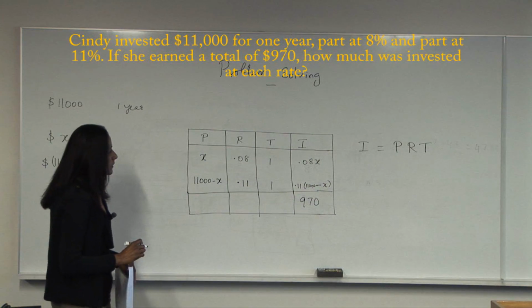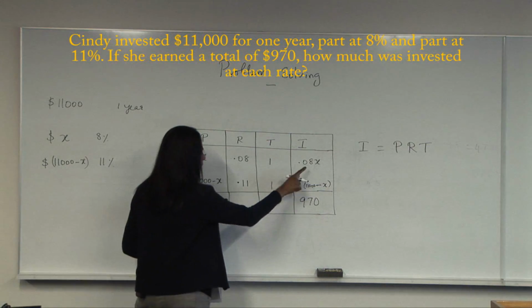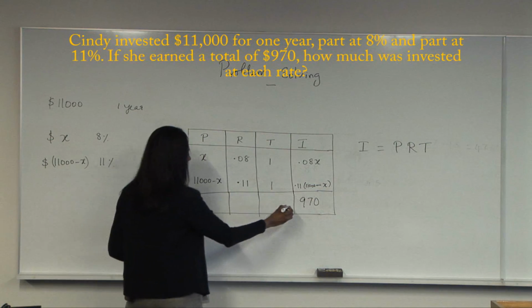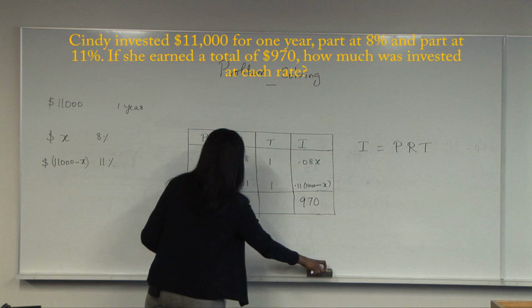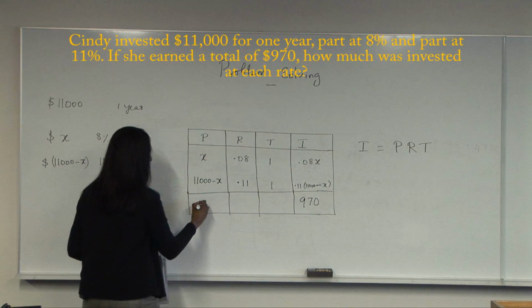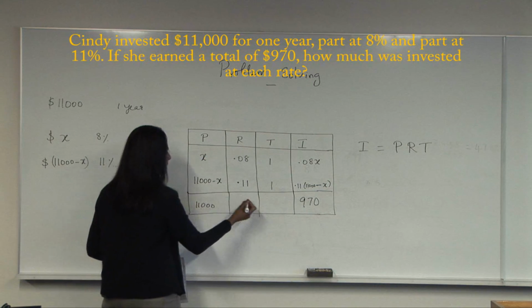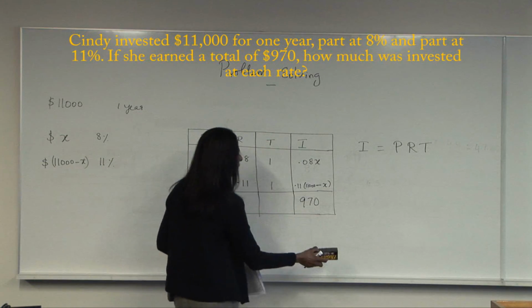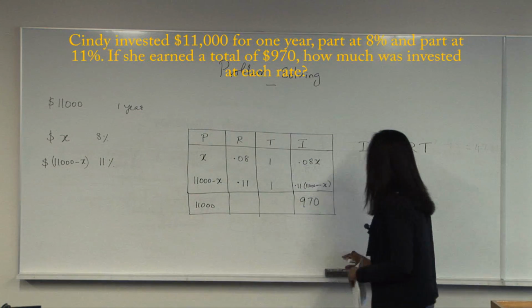Okay. And we have the total interest is $970. Here the total principal amount was 11,000, right? The total interest she got was 970.